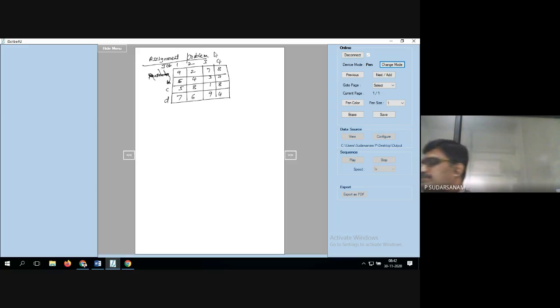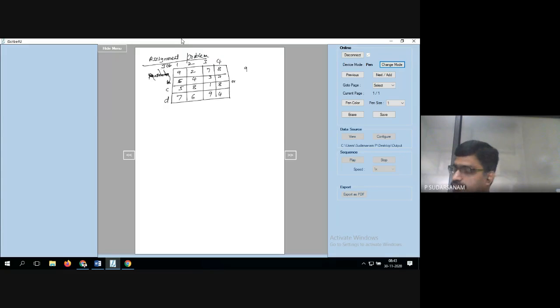Copy the problem. 9278, 6437, 5818, 7694. So this is the cost matrix. Sometimes they will give you the matrix something like this also.